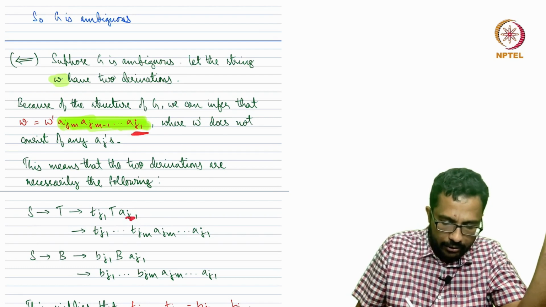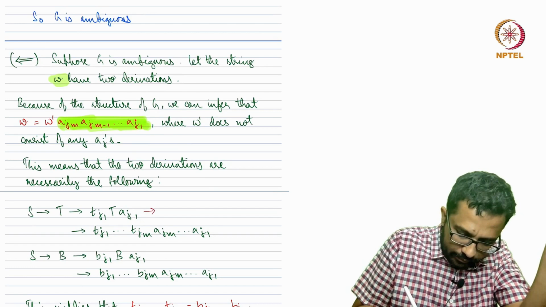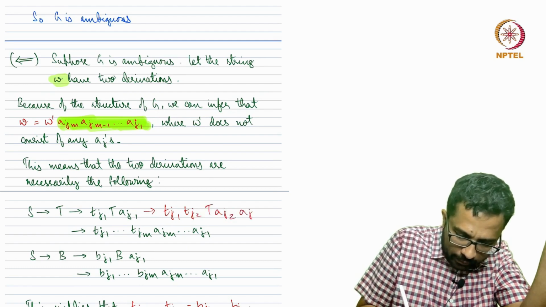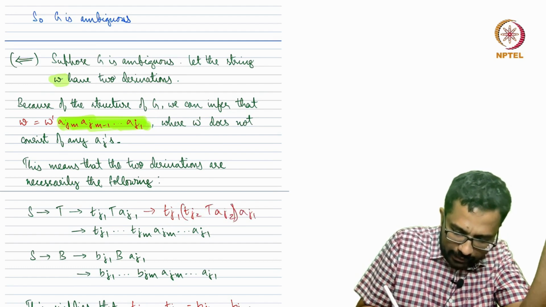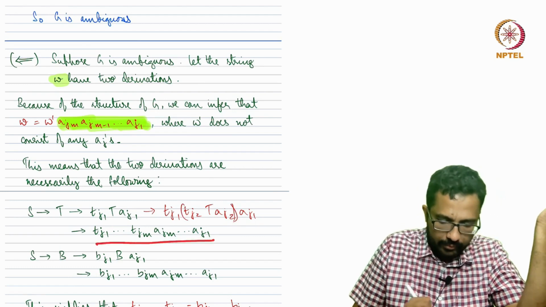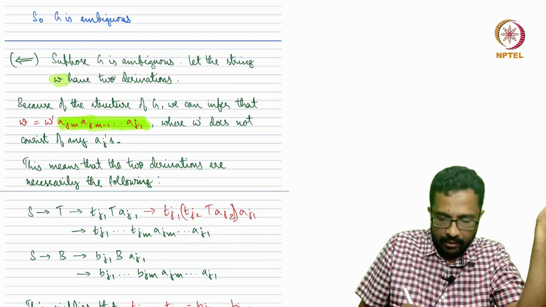So the first derivation has to be this, and then it has to be Tj1 Tj2 T aj2 aj1, where this has to be the next derivation and so on. Finally we get this string Tj1 up to Tjm followed by ajm up to aj1.